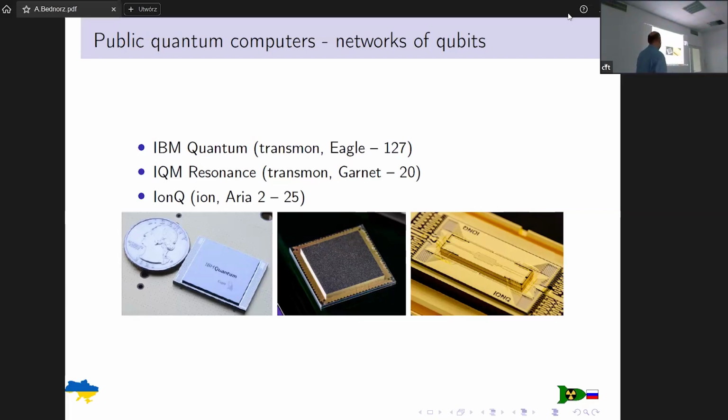Okay, everything has to be cooled down to microkelvins. You have a different number of qubits, so it's very small, as you see with this coin. It's very small, but there are some qubits, maybe not as many as in a real computer, but still about 100.